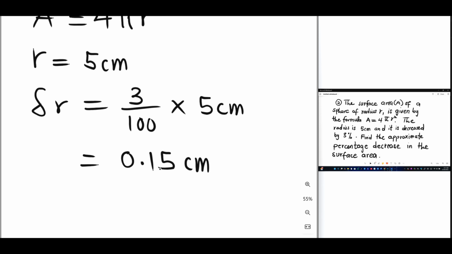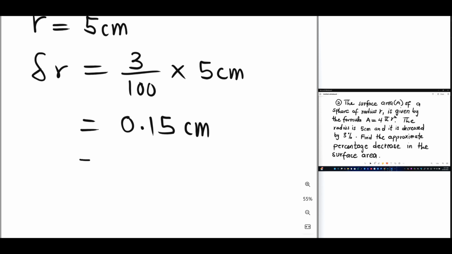Okay. So this is the change that has occurred in the radius, but it has rather decreased. So when it has decreased, you have to multiply the result by -1. It's going to be -0.15 centimeters. We know that the small change in the radius is the new radius minus the initial one.